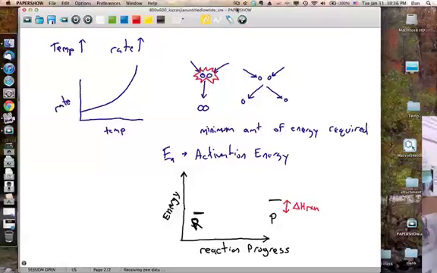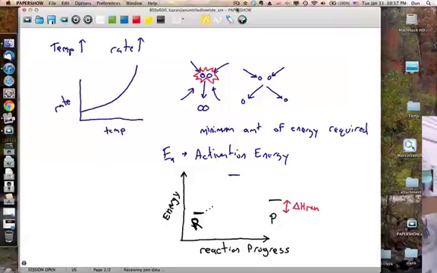But to turn the reactants into the products, we have to go through this activated complex. Generally, the activated complex is higher in energy than either the starting materials or the products.